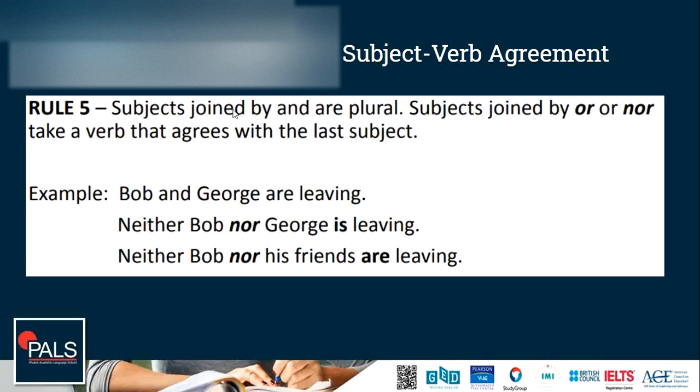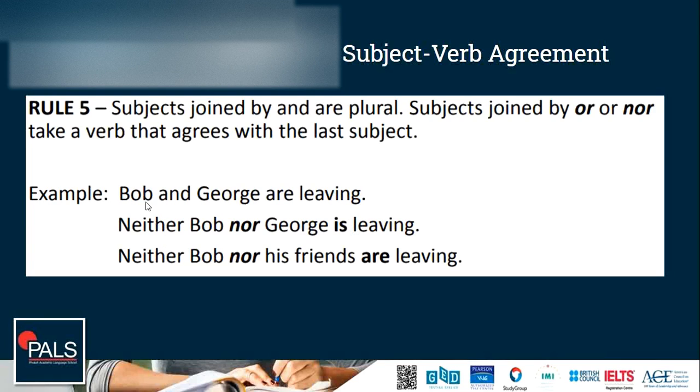If you use conjunctions like and, it's automatically plural because you're talking about two subjects. But if you're using or or nor, you take the verb that agrees with the last subject, the last subject that is before the verb.